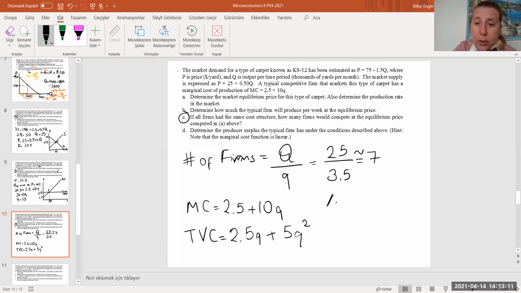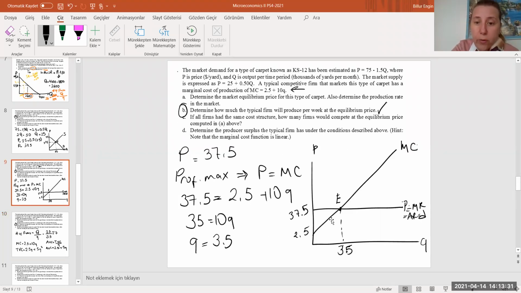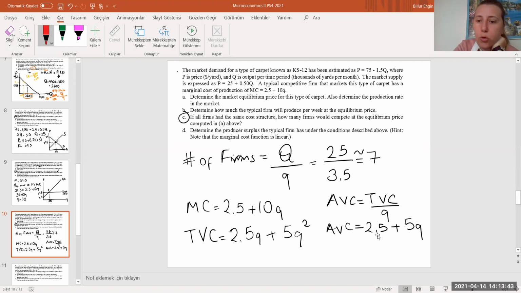And in that case, we can find average variable cost, which is total variable cost over Q. It is again 2.5 plus 5Q, right? This is the average variable cost function. Let's add it here. So the average variable cost function again will start from 2.5, and the slope of the marginal cost is 10, but the slope of the average variable cost function is 5.